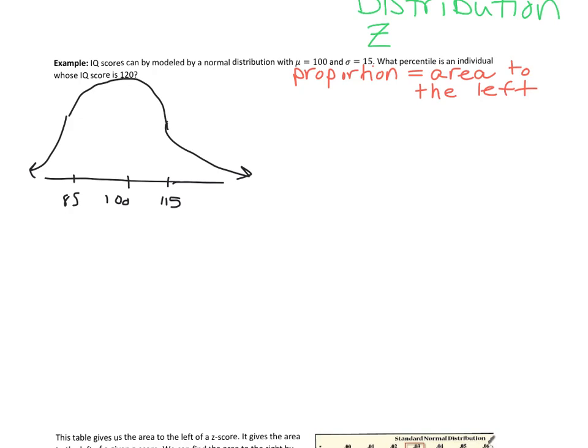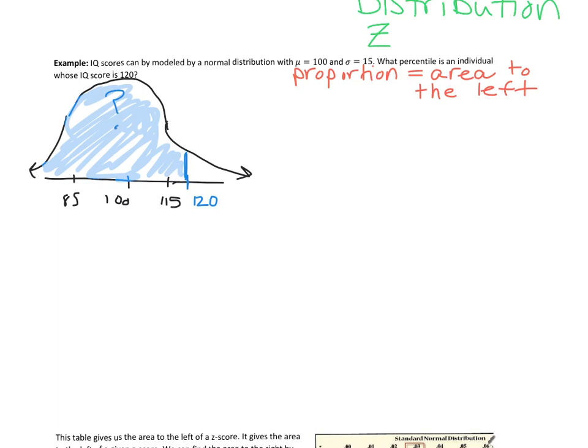So maybe something like right here. And it's the percentile, and we just determined that's proportion, and it's area to the left. So our job right now is to figure out this area. If we can figure out that area, we're going to solve the problem. That's our objective.